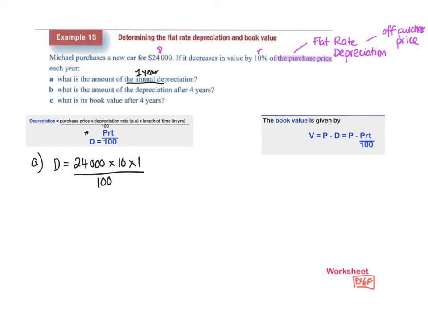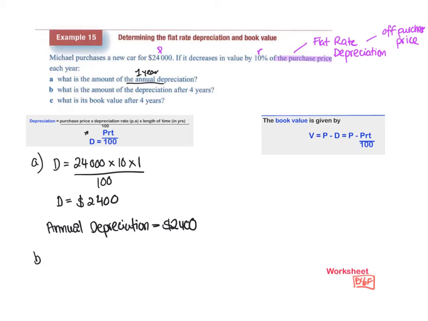You're going to see that it depreciates at $2,400 per year. You might write the annual depreciation is equal to 2,400.